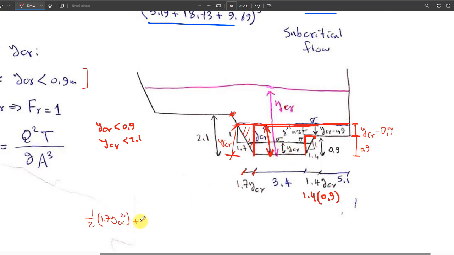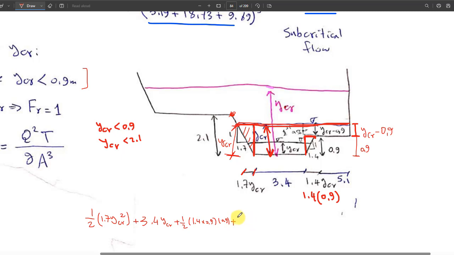Rectangle in the middle, 3.4, sorry, 3.4 y critical, not squared, there is no need for the squared, sorry. Y critical. Plus, what is the next one? Triangle there, which is half multiplied by 1.4 times 0.9, times 0.9. Like this. Okay?